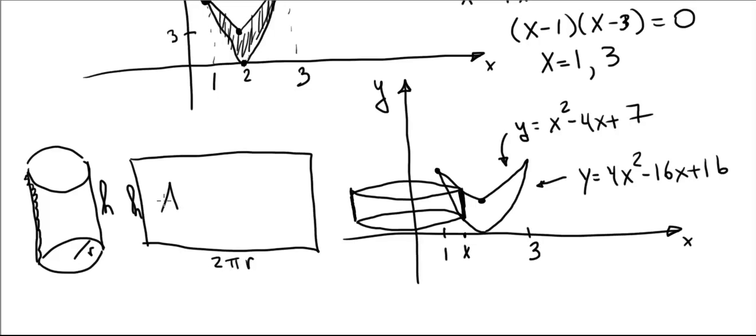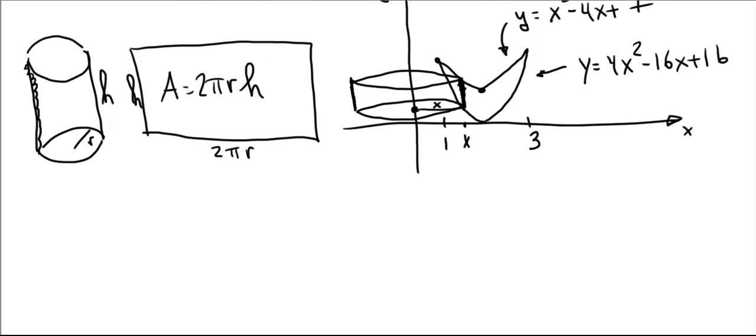And so then the surface area is 2 pi rh. We want to express r and h as functions of x. You can see from this picture the center of the shell is right here, so the radius is to here, that's x, and then the height is this part, and it's just the difference of the y coordinates of the top parabola minus the bottom parabola.